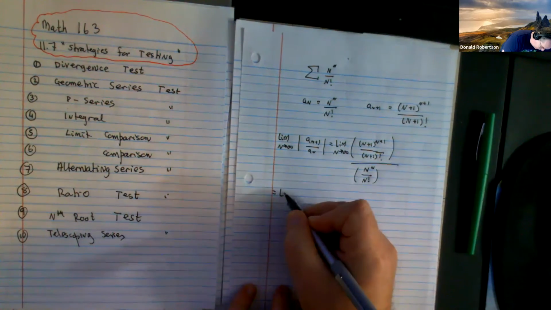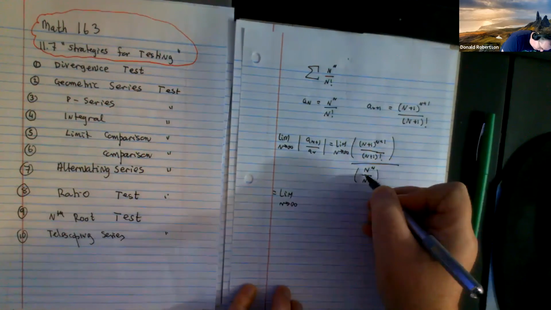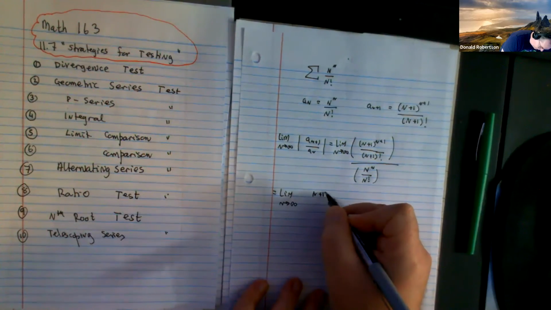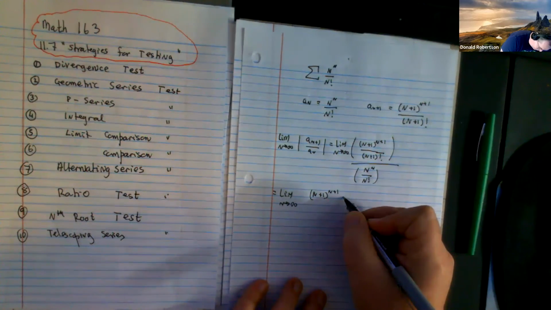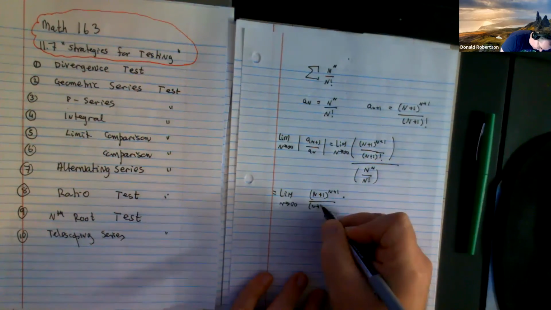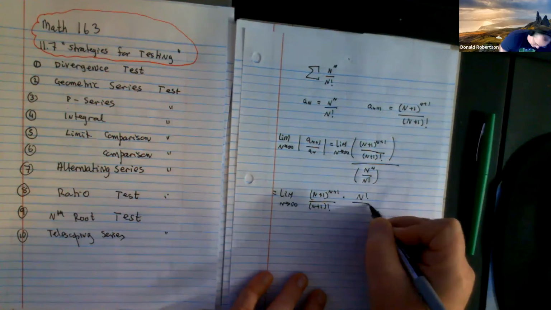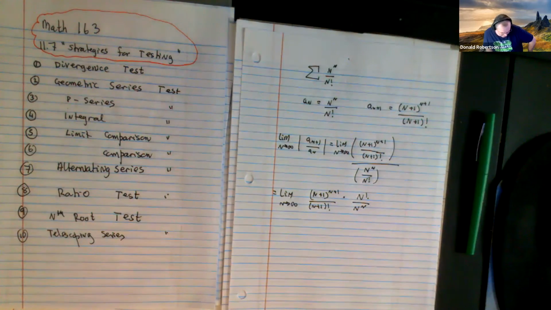I'm now going to turn this upside down. So it's going to be (n+1) to the n+1 over (n+1) factorial times n factorial over n to the n. So far, so good.